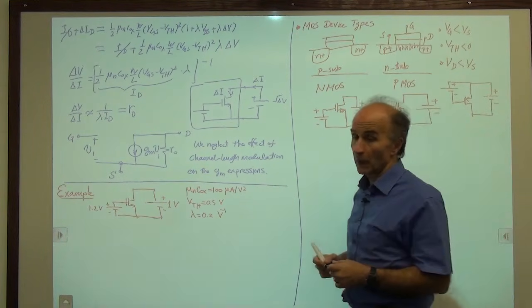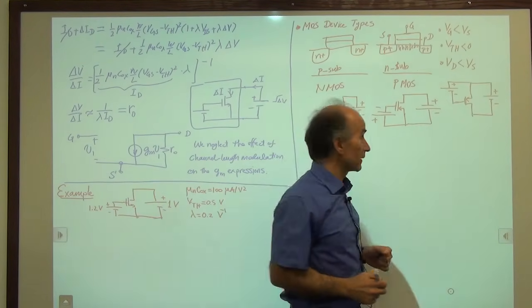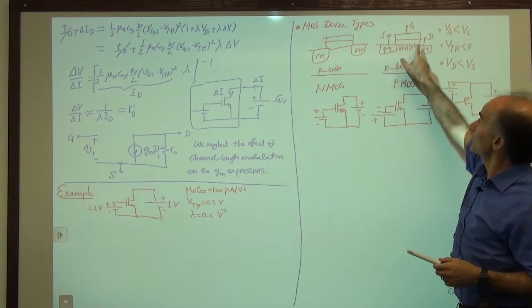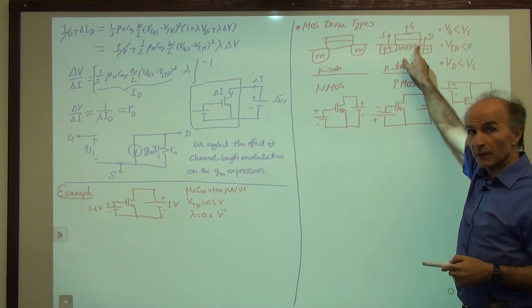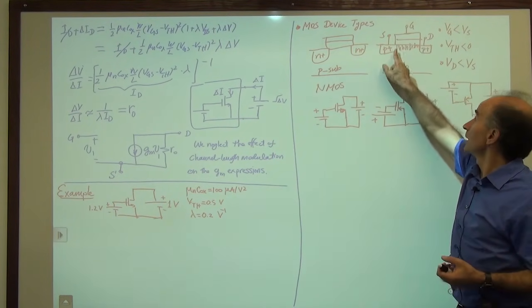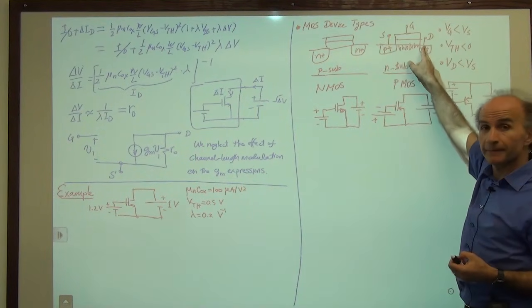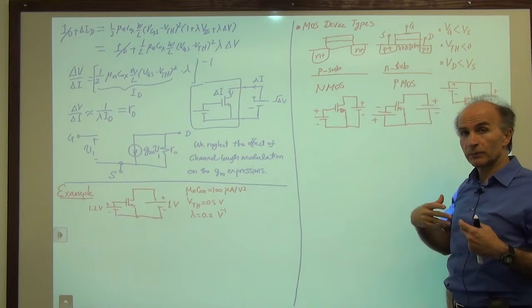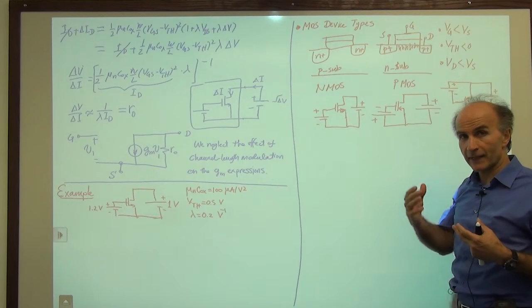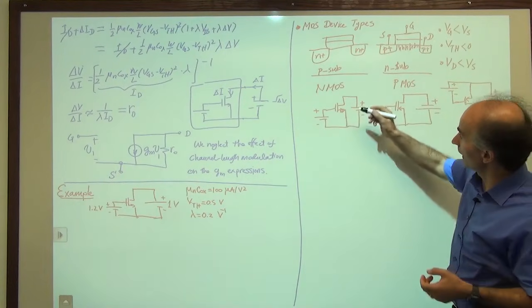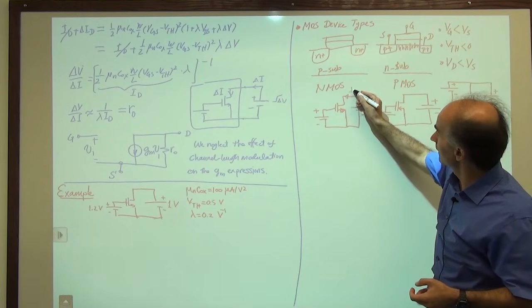All right. How do we define the drain current of a PMOS device? Well, you see that the holes are going from source to drain, which means the actual current, if we define it as positive current, is going from source to drain. But generally, we would like to look at the drain current as something that starts from the drain and goes to the source. That's what we did here, right? We said ID is this way.